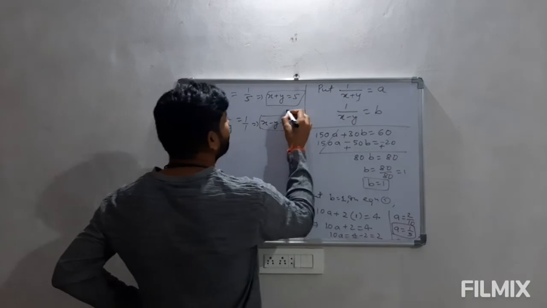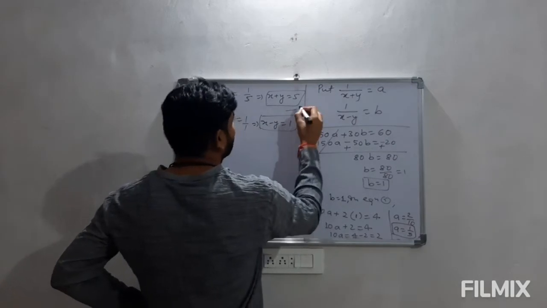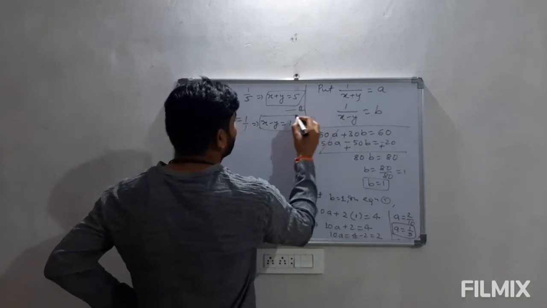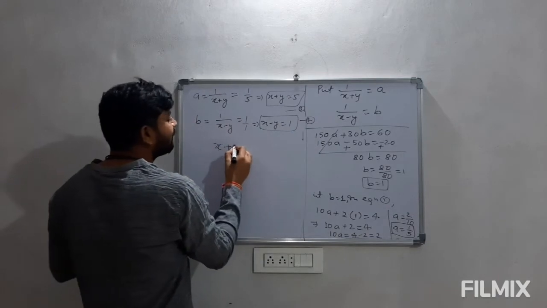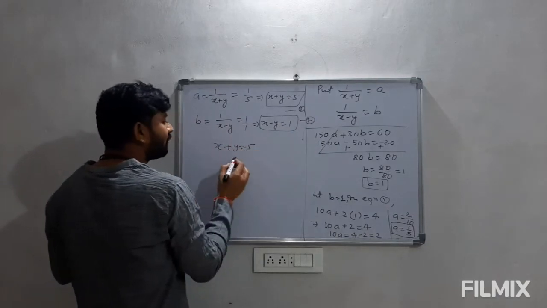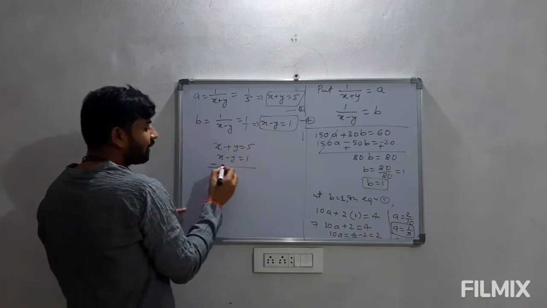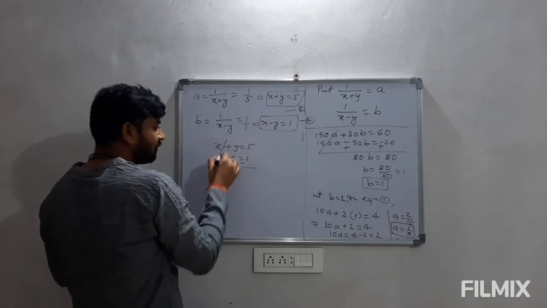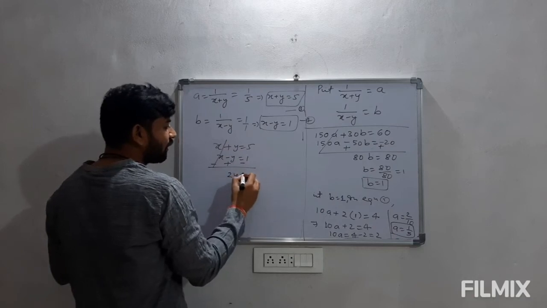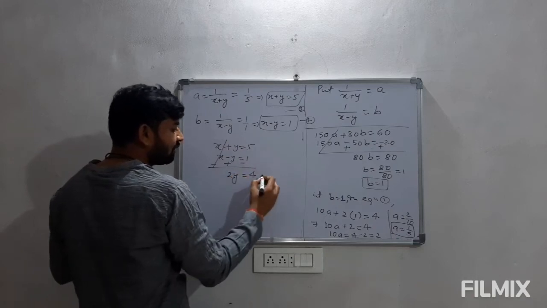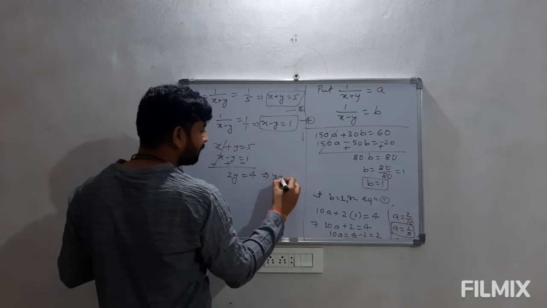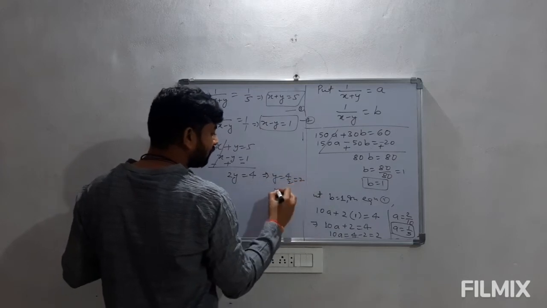So let us call them equations 3 and 4. If we rewrite them, x plus y is equal to 5 and x minus y is equal to 1. We subtract them, minus, plus and minus. This is cancelled. We are getting 2y is equal to 4 here. So from here, y is equal to 4 upon 2, that is 2.